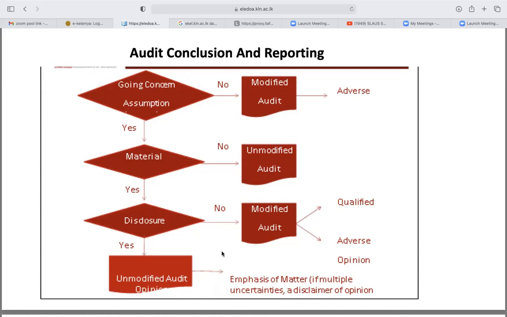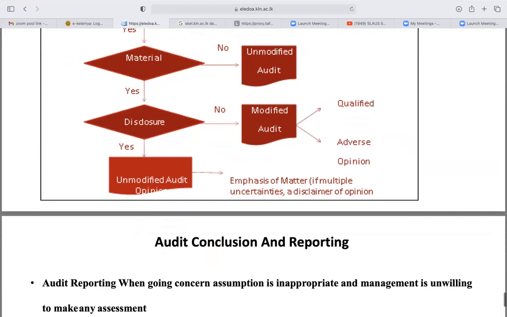This graph is very important. Based on this graph, you need to express an opinion, right? Is it clear?